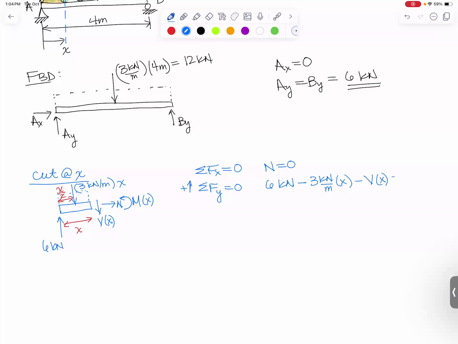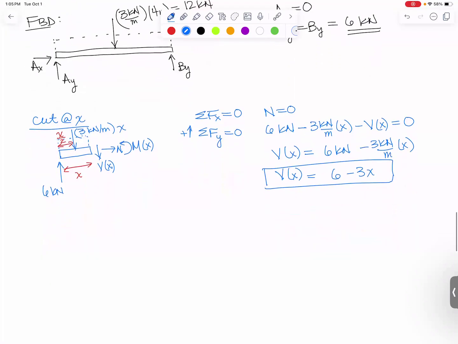It's a function of X equals 0. Now we can rearrange that and we get that V of X is 6 kilonewtons minus 3 kilonewtons per meter times X, or more simply 6 minus 3X. That looks like the equation of a straight line.